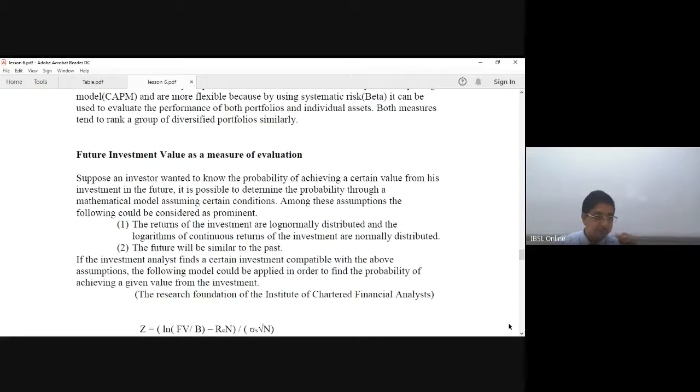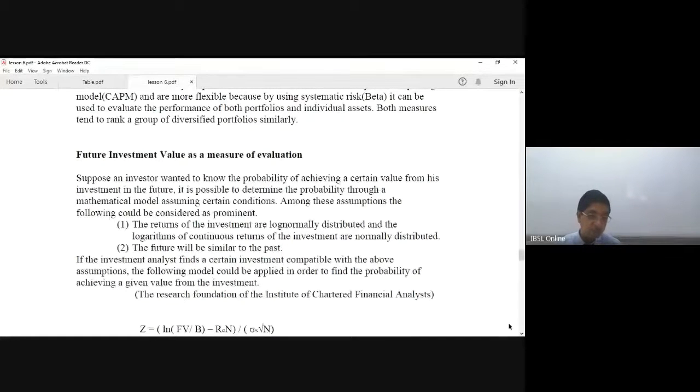Now, actually, this model was invented by the research foundation of the Institute of Chartered Financial Analysts. I want to give some information about this institute. I think most of you have heard about the CFA examination, and there are some CFA holders in Sri Lanka. The institution that conducts that examination is called the Institute of Chartered Financial Analysts.